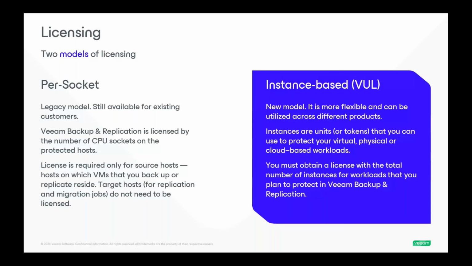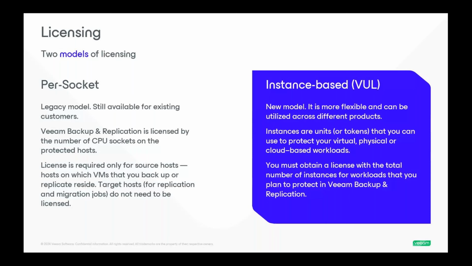And when we say per socket, what we mean is, in terms of the hosts or systems that you're backing up, the number of CPU sockets that have a CPU installed on them that you're protecting VMs on, that would be what that's counting. So that was one way to view it, and that is still available for existing customers, but it probably would make more sense to migrate to VUL long term, especially if that aligns with your IT roadmap, which in most cases it seems like it does.